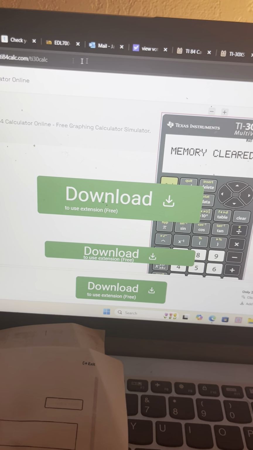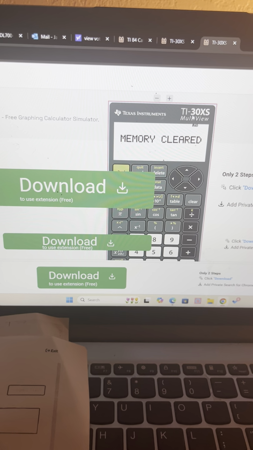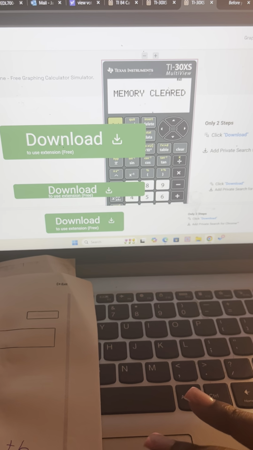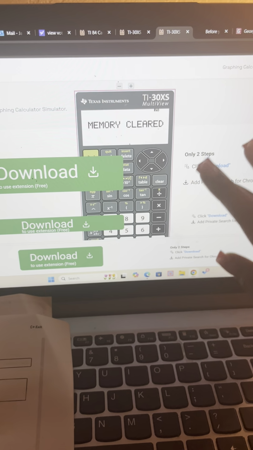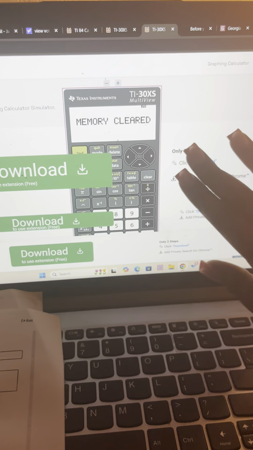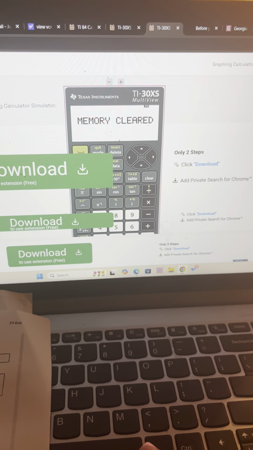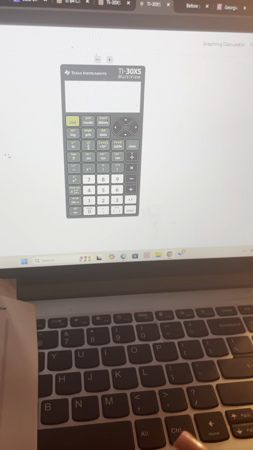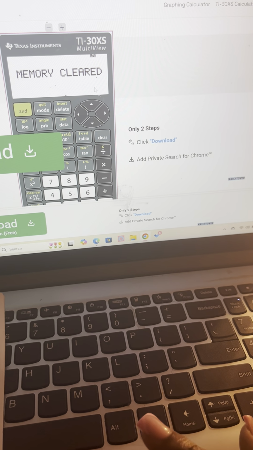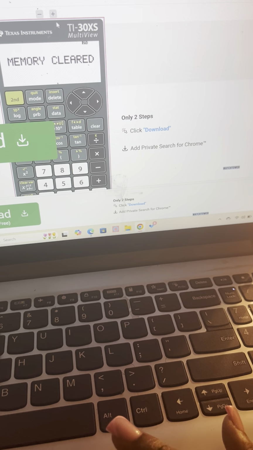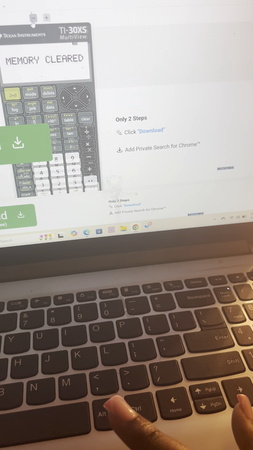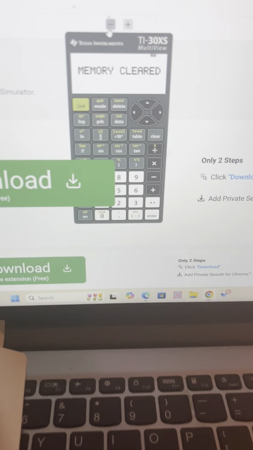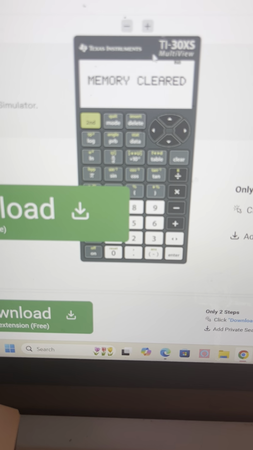And the calculator you are using is the TI-30XS, okay? All right. Hold on. Let me refresh this because I do not want to see that. Okay. Here we go because it's acting crazy.